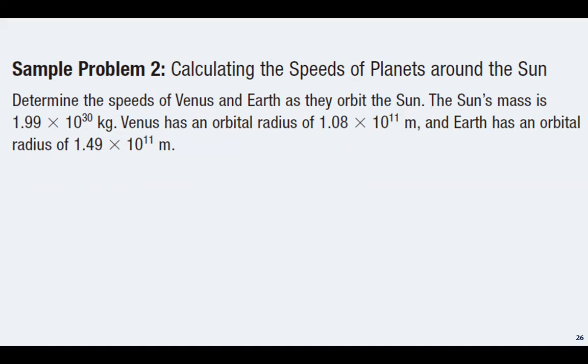Venus has an orbital radius of 1.80 times 10 raised to the power of 11 meters, and Earth has an orbital radius of approximately 1.49 times 10 raised to the power of 11 meters. I'll give you 5 minutes to consider this question, and then we'll have a look at the solution together. Again, you can use the equation to calculate the orbiting speed, which is the square root of GM over r, right?